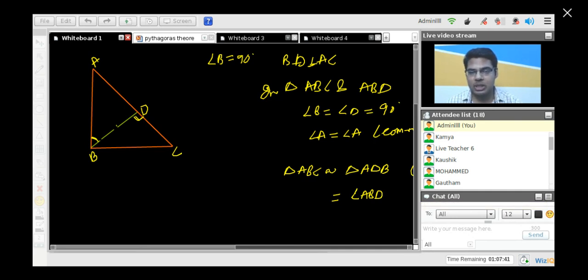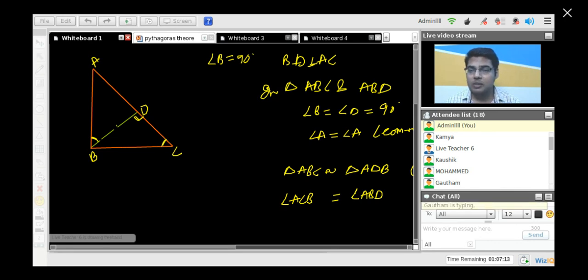Angle ACB. Absolutely Manas, very good. Angle ACB. The sequence is important, so we will have to look at the names of both triangles. That is ABD, then ACB. If your sequence is ABD, therefore we should have here ACB, right? Okay, fine. So this angle and this angle are both equal.